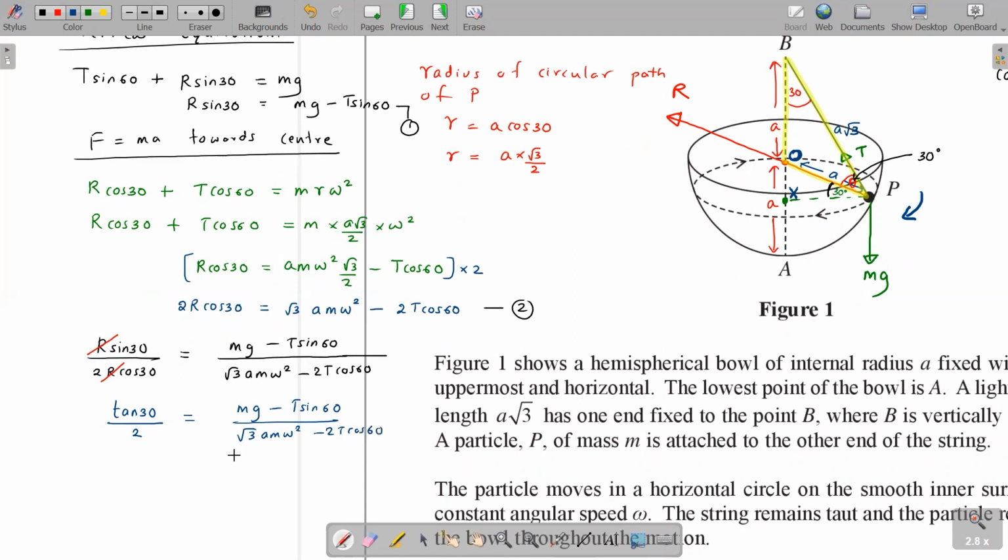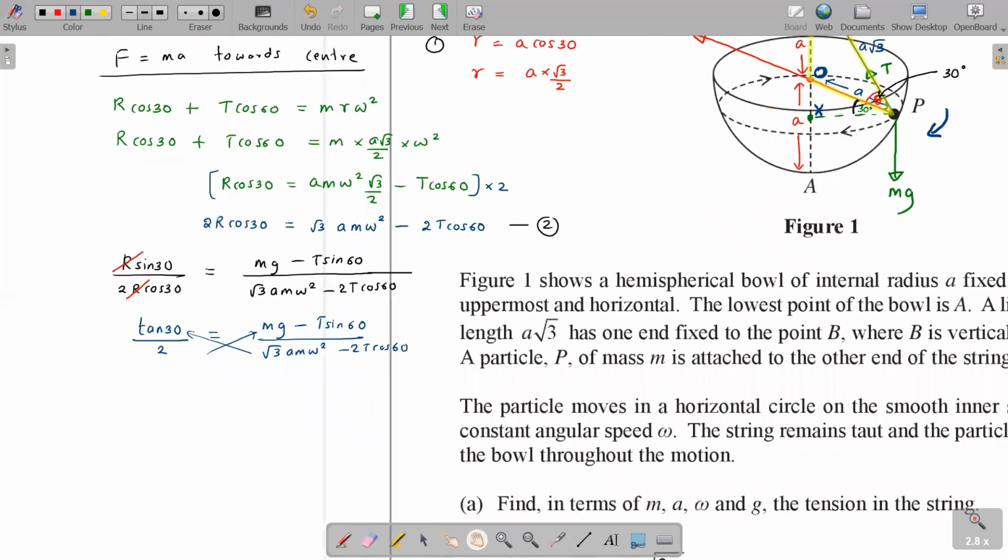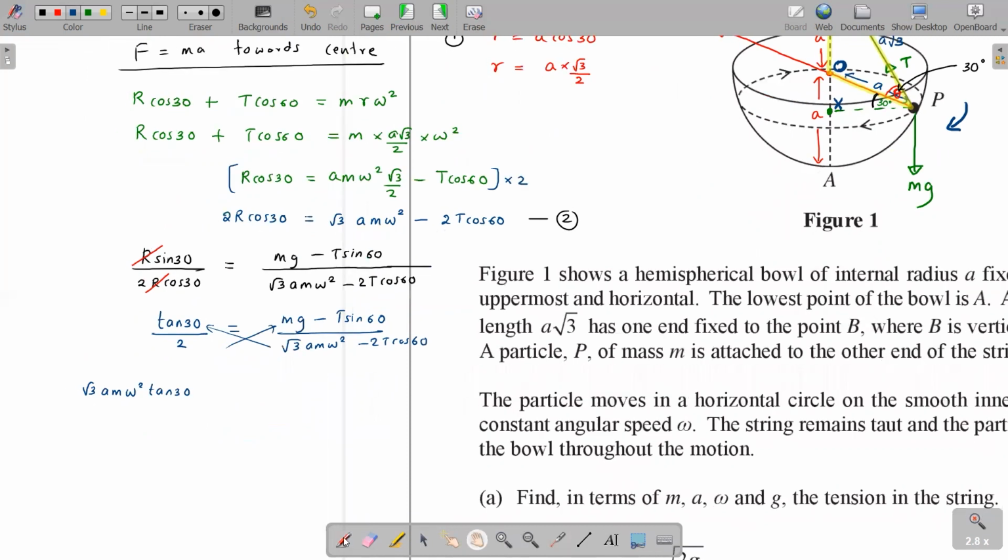Shall we cross multiply? Our task is to make T the subject. Root 3 a m omega square tan 30 minus 2T cos 60 tan 30.